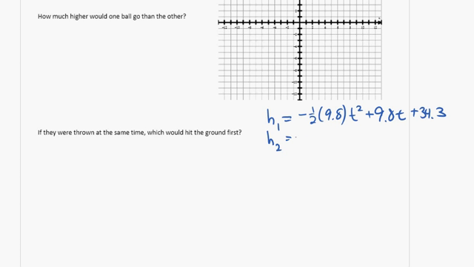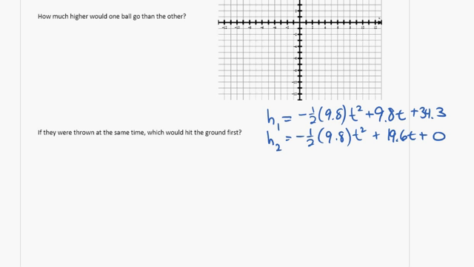My second equation would be negative 1/2 times 9.8 t squared plus its initial velocity, which was 19.6 t, plus from the ground, so 0 is the height.